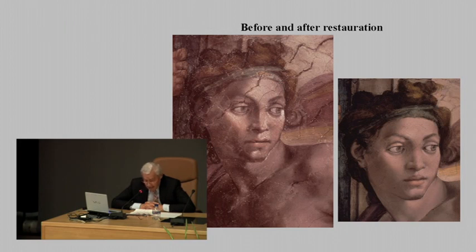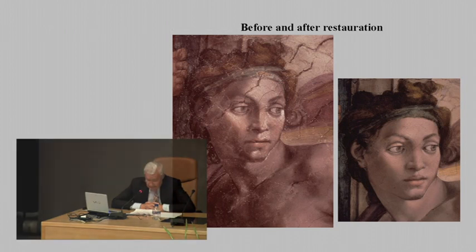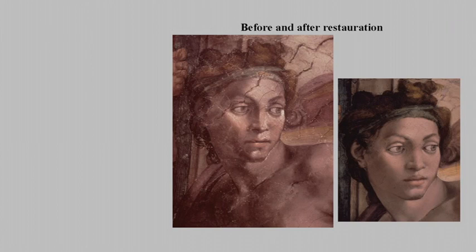The mundator was therefore a sort of restorer responsible for cleaning the frescoes and caring for the entire chapel. When the frescoes needed work other than simple dusting, other restorers were called in.